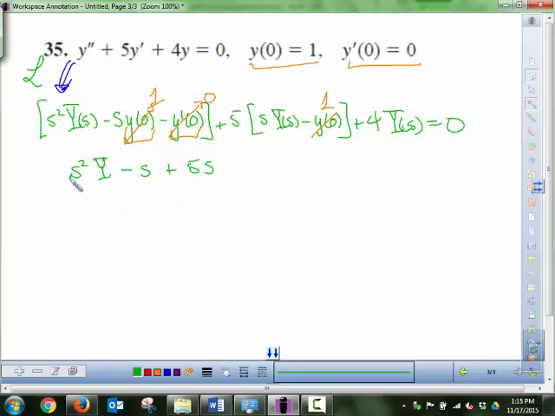Do I have to put a little mark on my s's? 5sY. I'm not writing the Y parentheses s, that just means the whole function, so I'm just going to put Y. Minus 1, but that gets multiplied by 5, so let's go ahead and distribute the 5 there just in case we lose it. And then we have 4Y equal to 0.